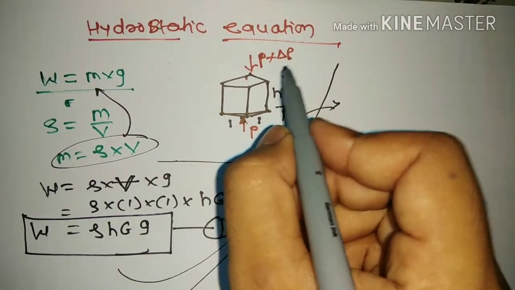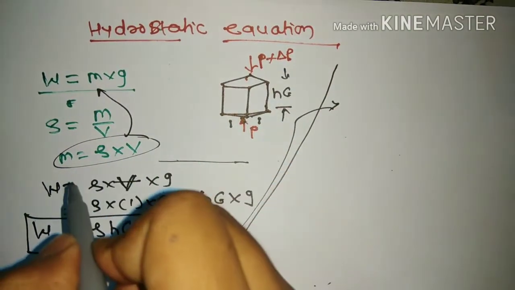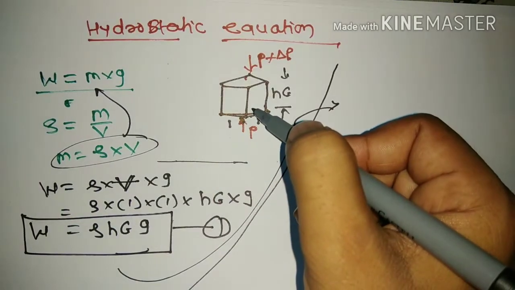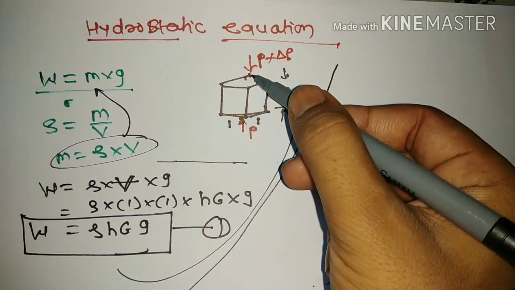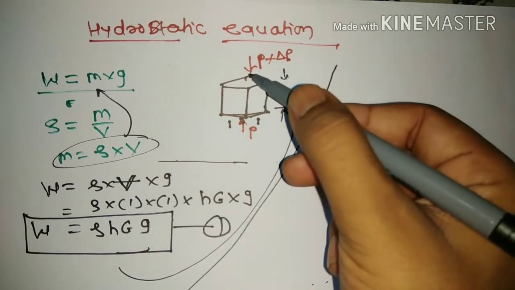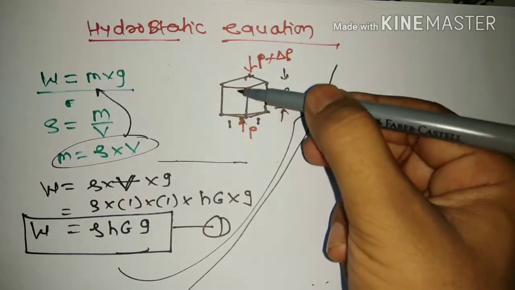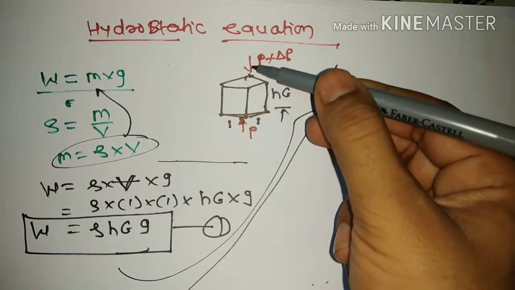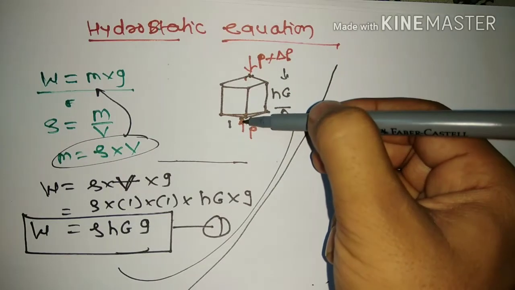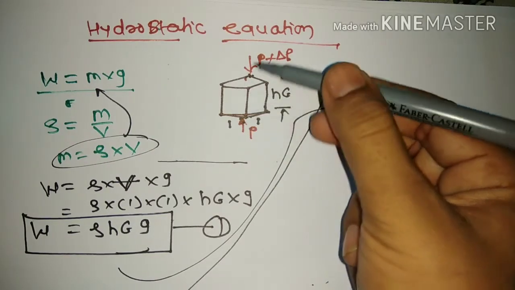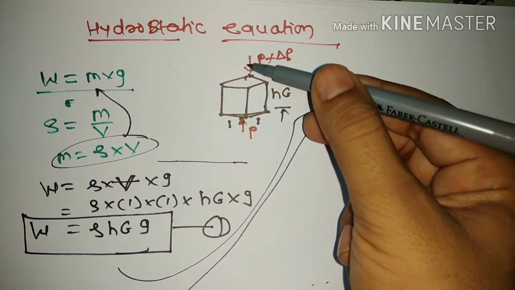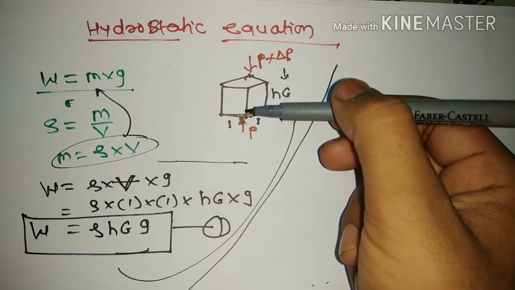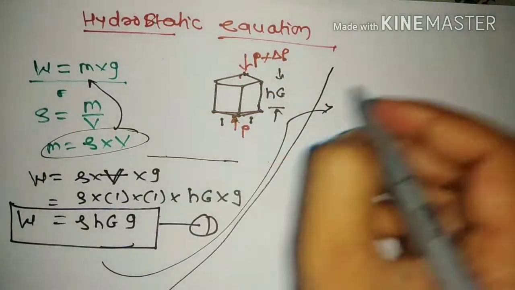Consider this point and this point. The weight is nothing but the difference between these two pressures: one pressure acts on this side and the second acts on the other.